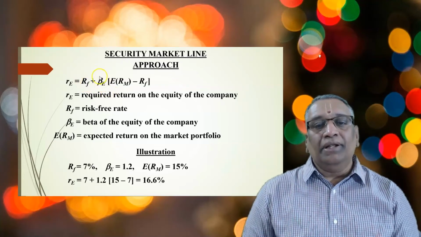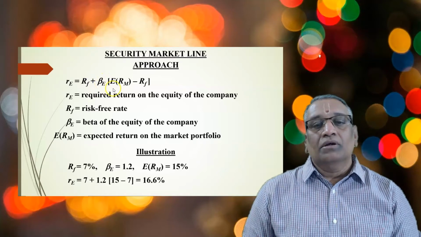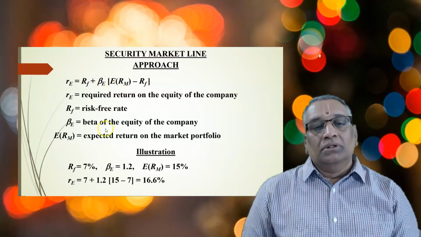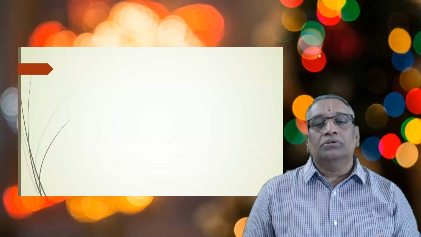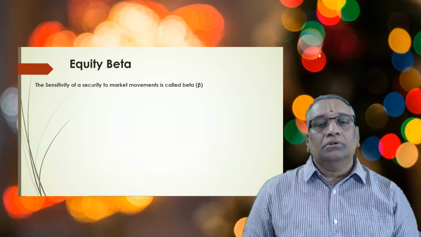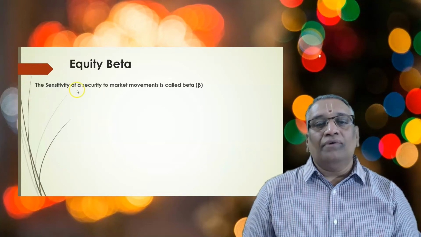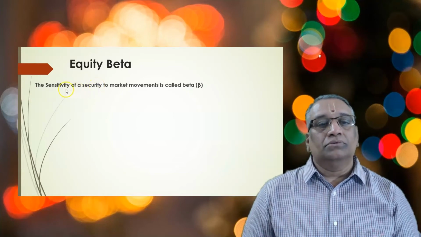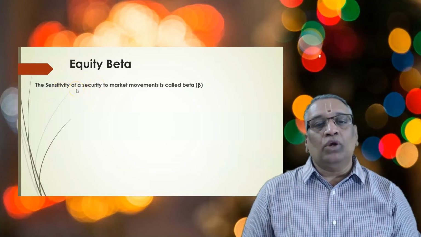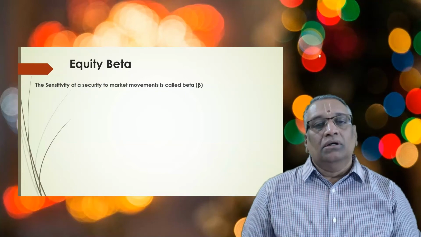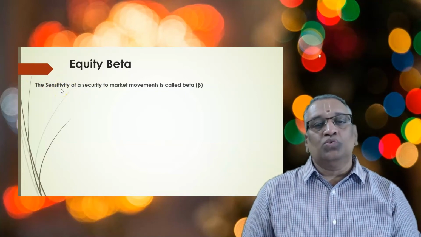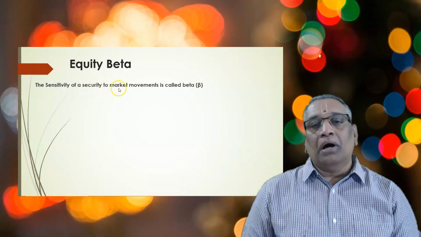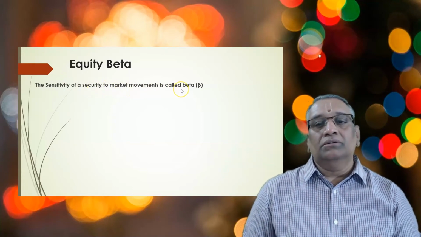And the equity beta is calculated. And what is equity beta? It is the sensitivity of a security. Sensitivity means how frequently it fluctuates, the extent to which it is volatile to market movements, which is called beta.